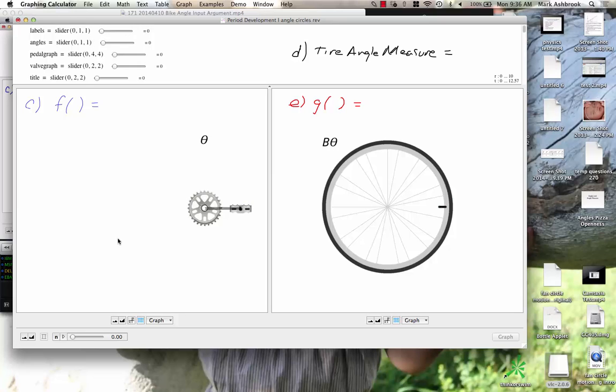And in this particular case, when the pedal makes one full rotation, the tire valve makes 4 rotations. So that's what you're looking at here in this setup.